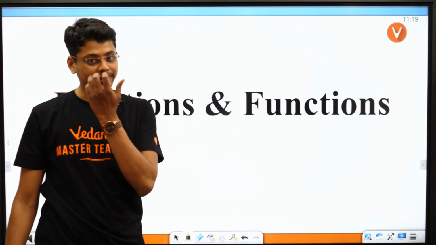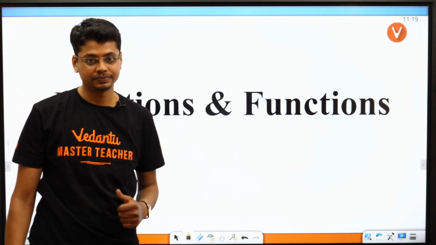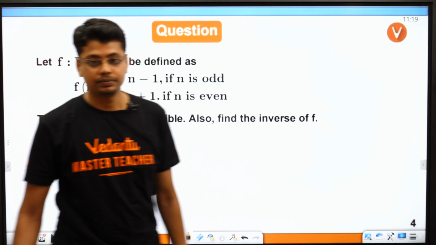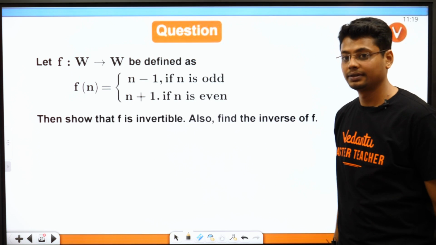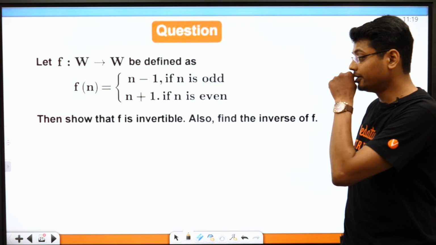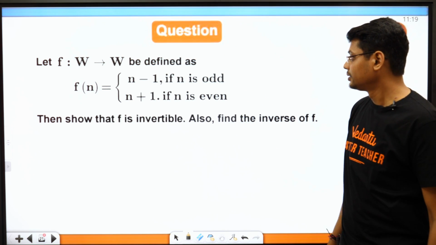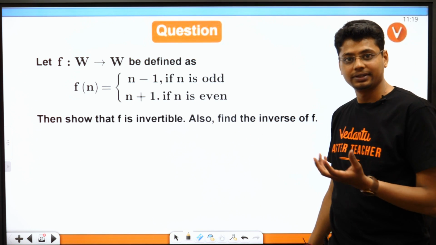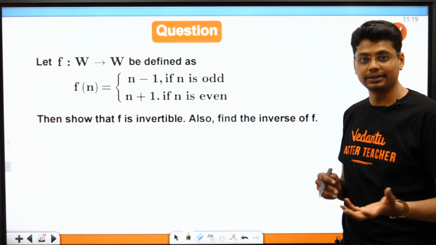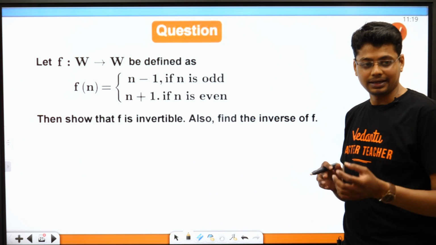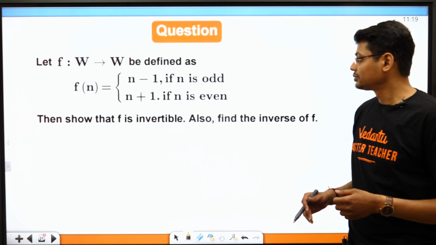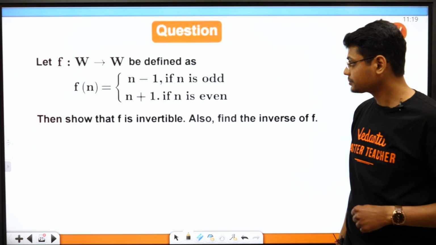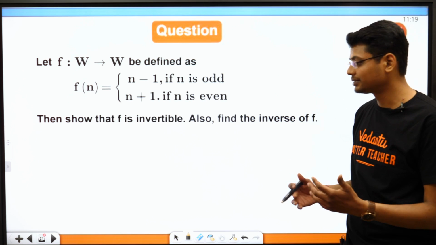Now coming to the next topic, relations and functions. So this is a typical problem. I have taken certain questions which students are not generally taught in coaching classes, so that they can be helped to deal with boards.